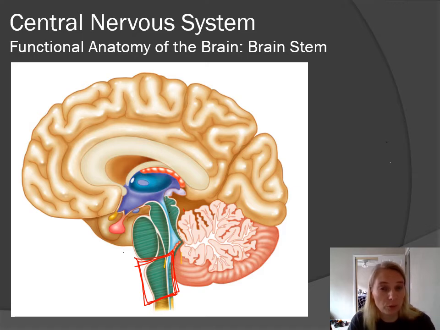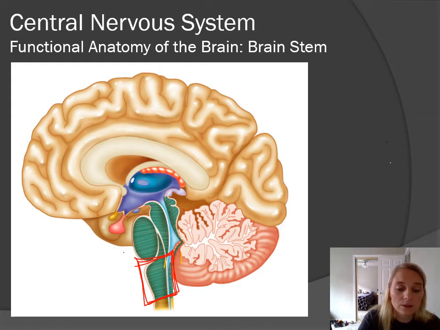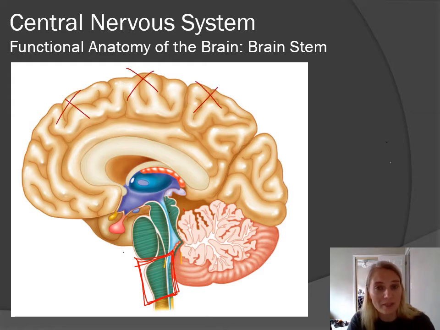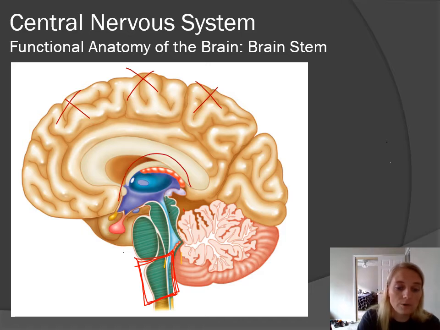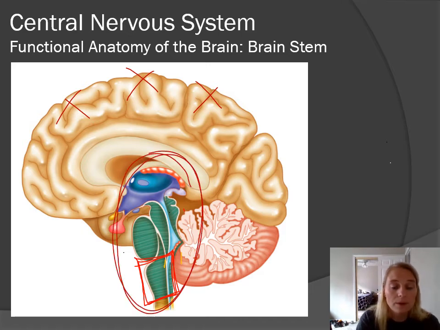It's sometimes called the primitive brain. So if people get damage up here in the cerebral cortex and their conscious thought is not there, say they're in a coma, but all of these lower level functions are still intact, then they can be breathing and having a heart rate, doing all that kind of stuff, but they're considered brain dead.